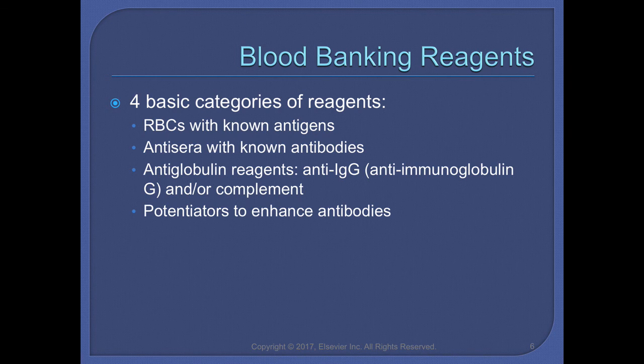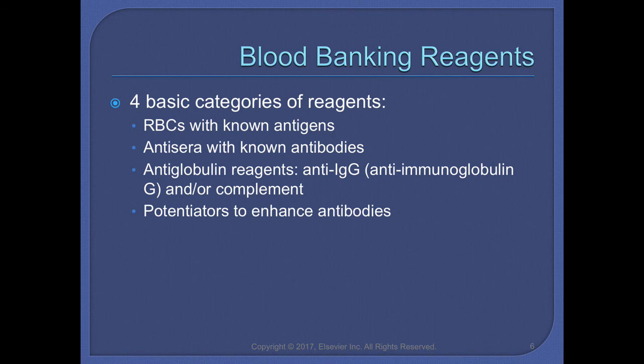So there are four basic categories, and I just mentioned them earlier. So we have red cells with known antigens in them, or we have anti-sera with known antibodies. We also have the anti-globulin reagents, which is anti-IgG.